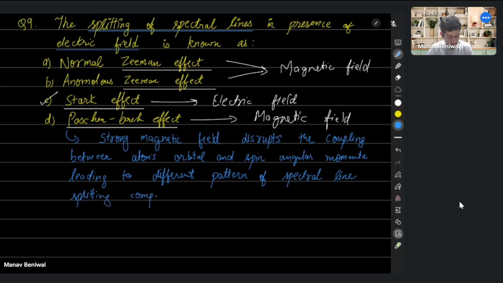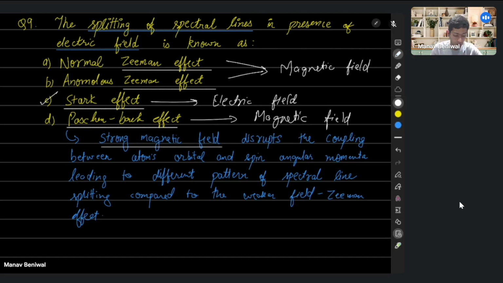compared to the weaker field Zeeman effect. Okay, so this happens because of strong magnetic field, Paschen-Back effect.